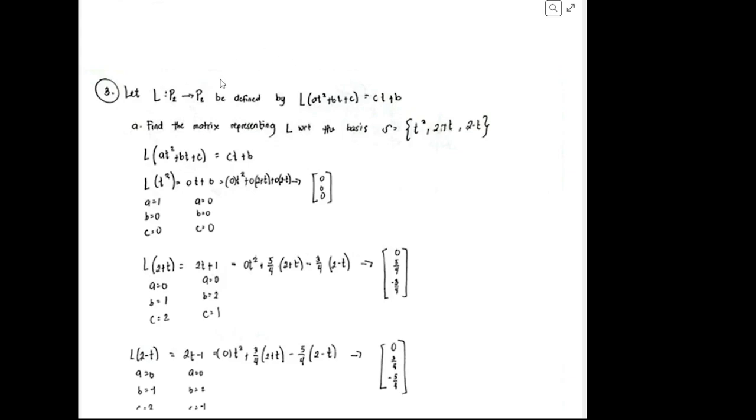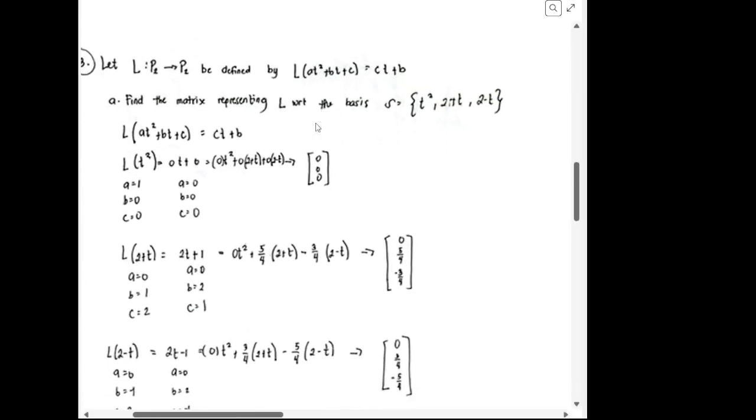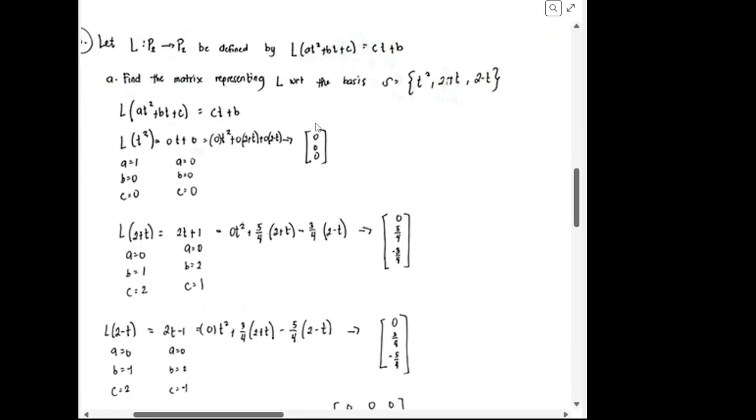So, the transformation is defined as t squared plus bt plus c is transformed to ct plus b. The process is a bit unclear.